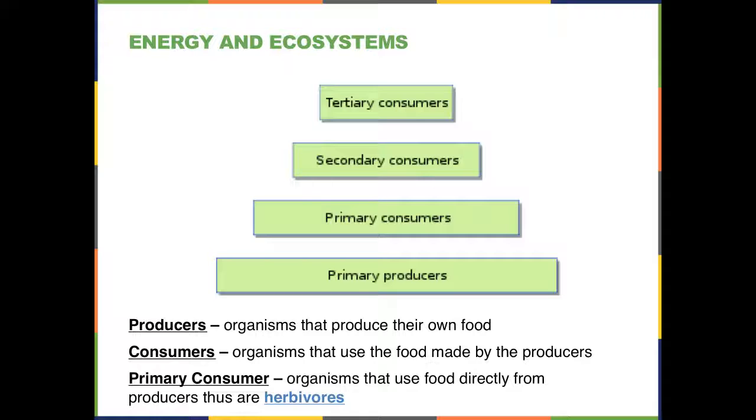And because almost all producers, matter of fact, I think I could say all producers, are plants, then these are generally called herbivores. Although animals that also eat other consumers can eat plants, this would not be considered a primary consumer. So a primary consumer is an organism that gets its food directly from producers and is always a herbivore.